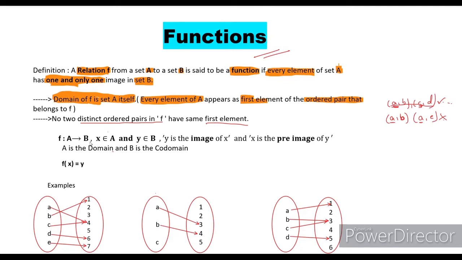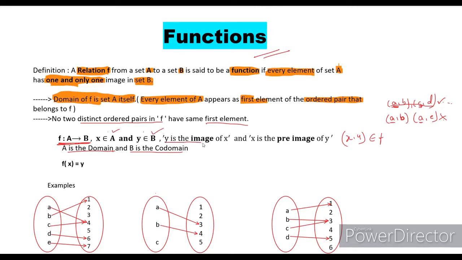How do we write the function? How do we represent it? F is a function from A to B. We clearly understand this, that A is the domain set and B is the codomain set. Now suppose if we write the ordered pair like this, x comma y. When we write the ordered pair like this, if it belongs to the function, then x obviously belongs to the domain set and y belongs to the codomain set.